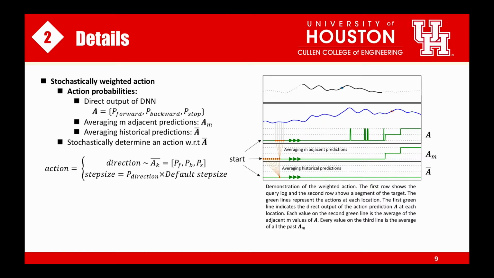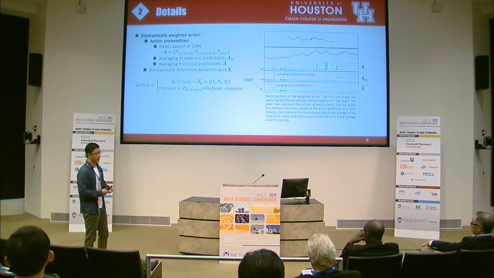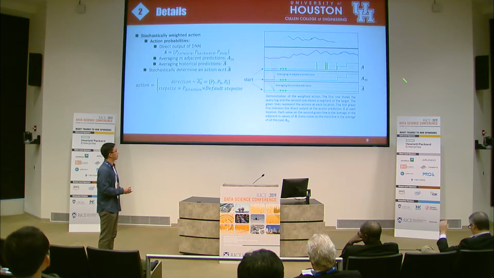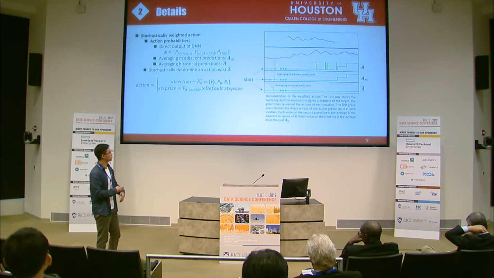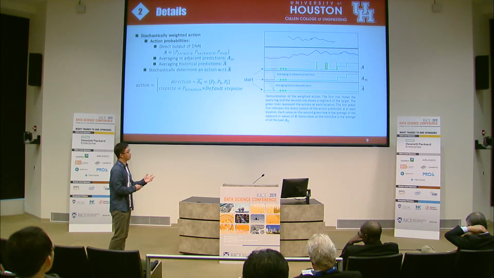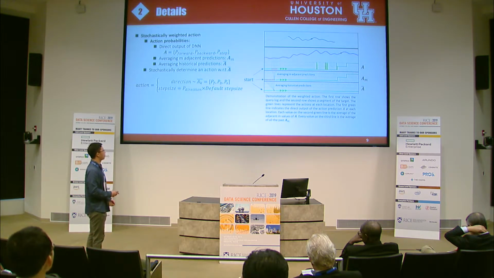As can be seen, this green line indicates the decision of the actions. The upper line indicates that we need to move backward, and the lower line indicates that we need to move forward. And this red dot means the ground truth. So as can be seen, there are a lot of mismatches during this process.